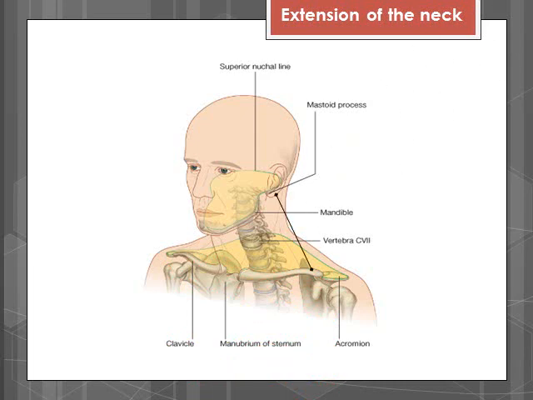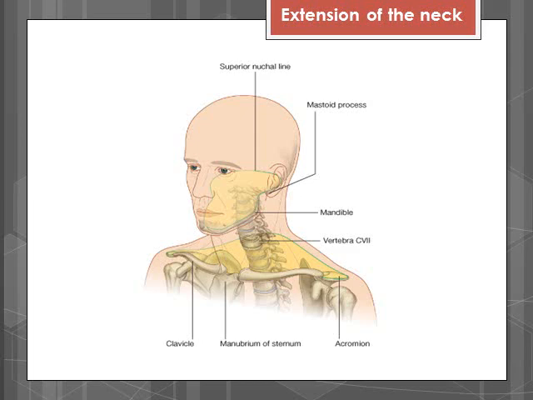The posterior neck, as we see, is higher than the anterior neck, to be able to connect the cervical viscera with the posterior openings of the nasal and oral cavities.